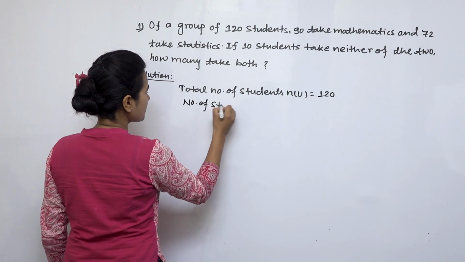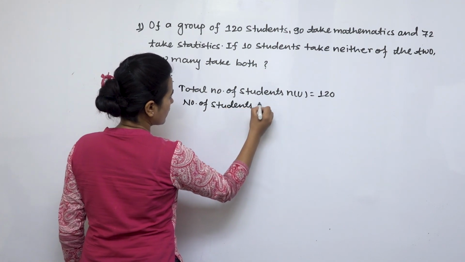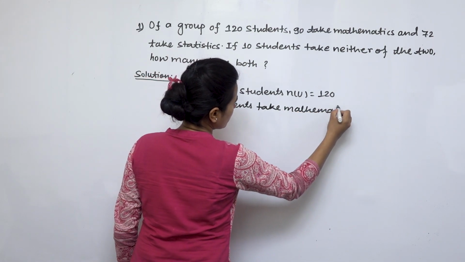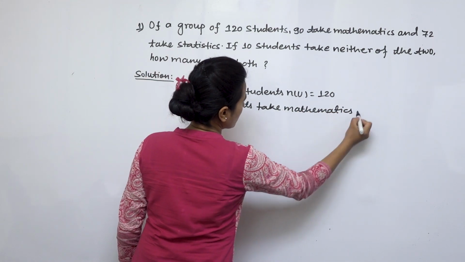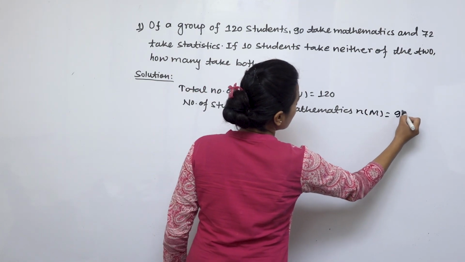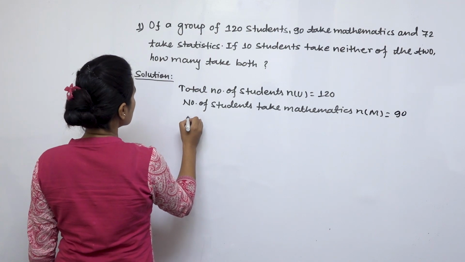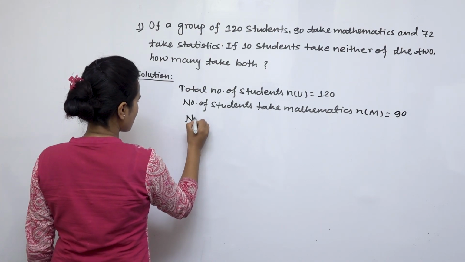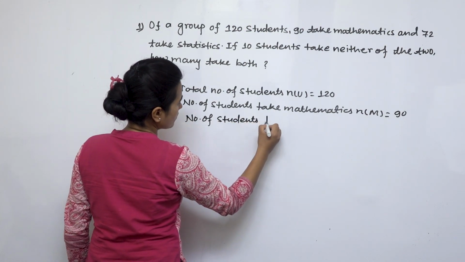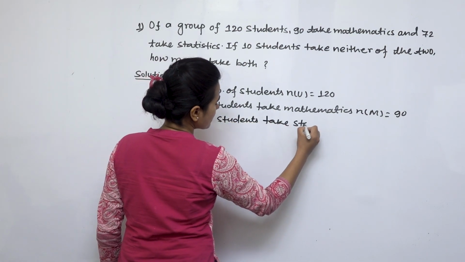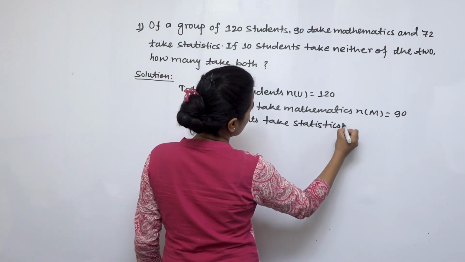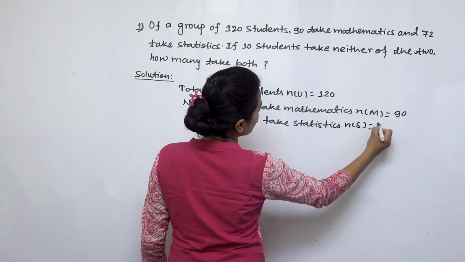Number of students who take mathematics, suppose n(M) is 90, and 72 take statistics. That means number of students who take statistics, n(S) equals 72.